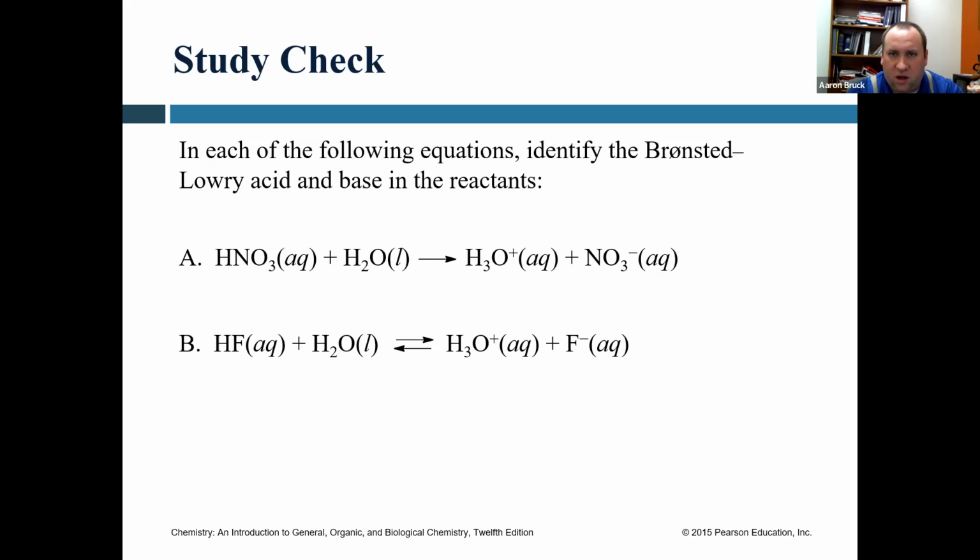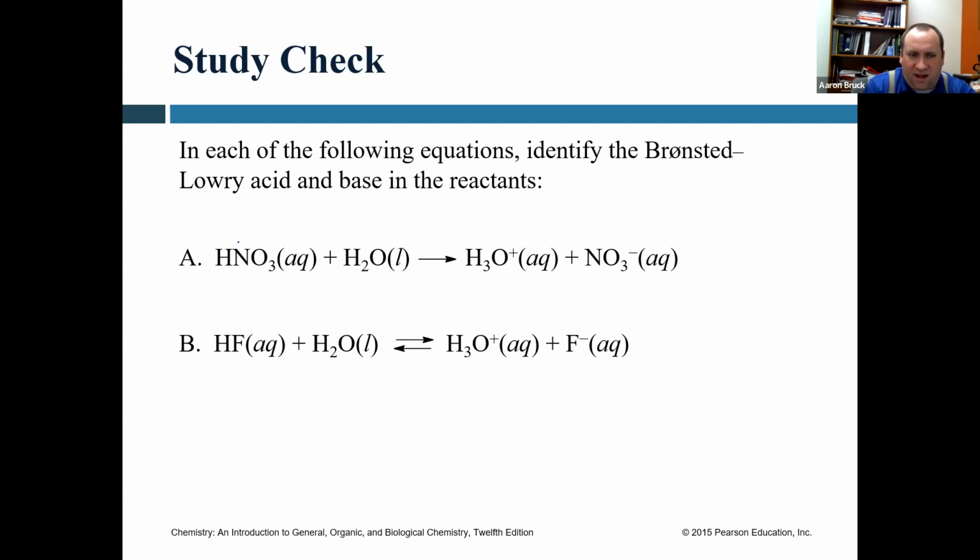So for this question, what is the Bronsted-Lowry acid and base in each case? To answer that question, we have to look at the difference between reactants and products. The thing to do is to look for similar pairs of items.